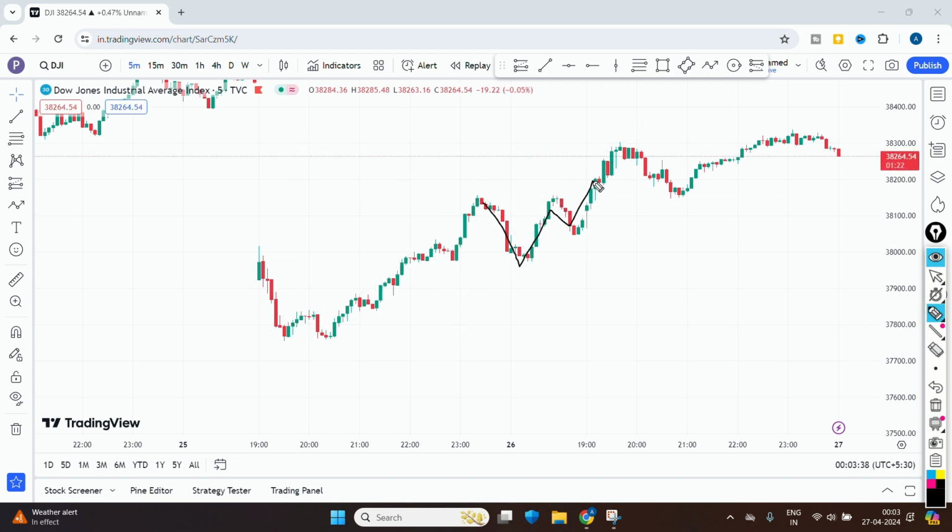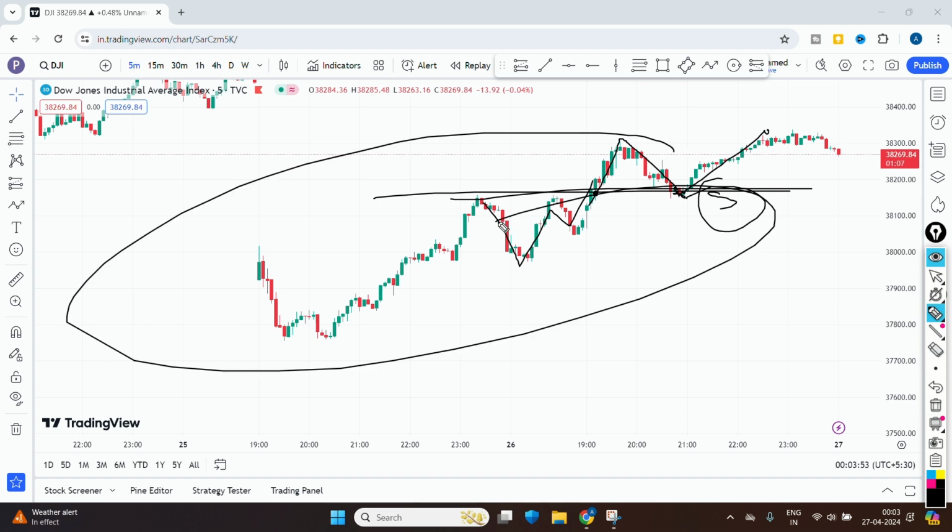So thinking this level should act like a resistance, the market broke this level, came onto this level and made it a support, and the market went upside. So this is the concept where the market changes its trend during the day, and this is called the CIP pattern.